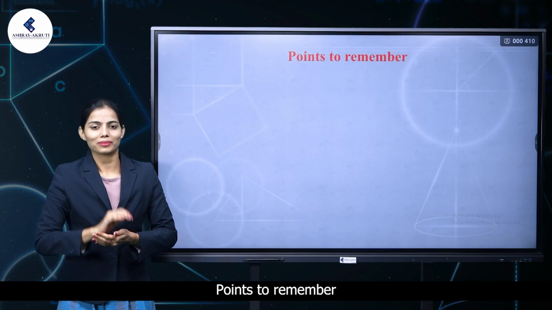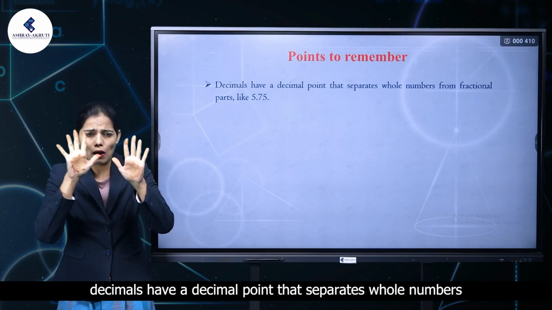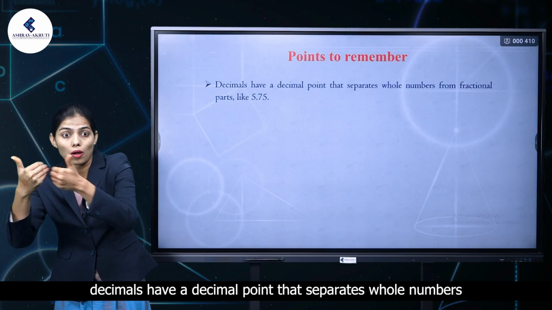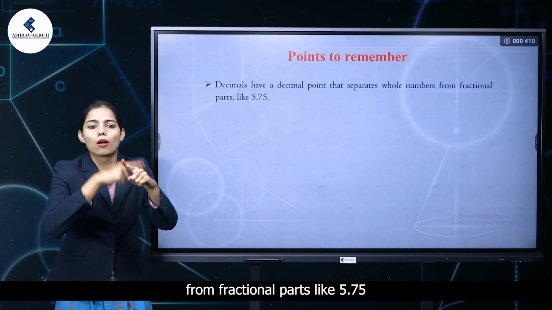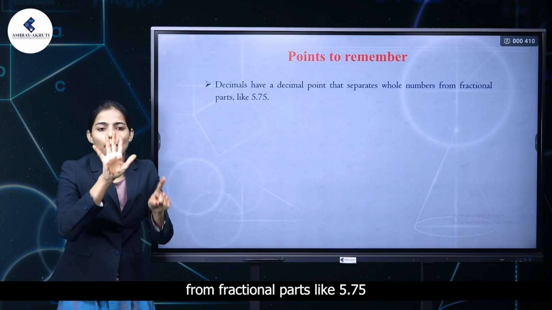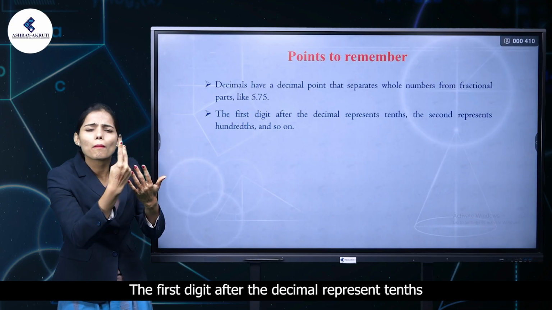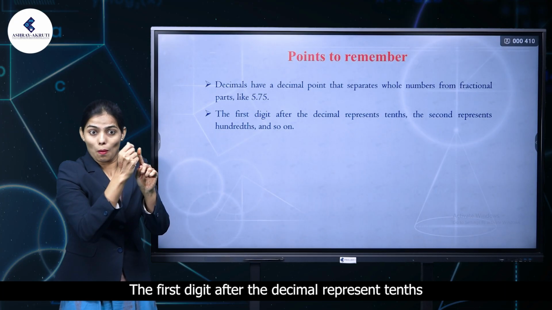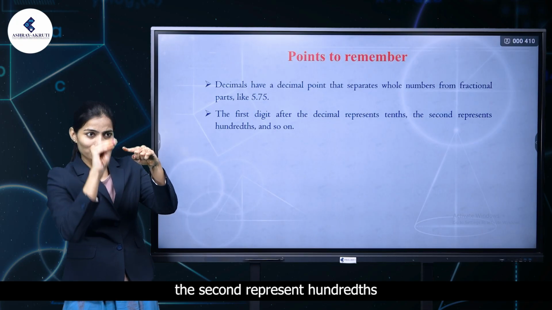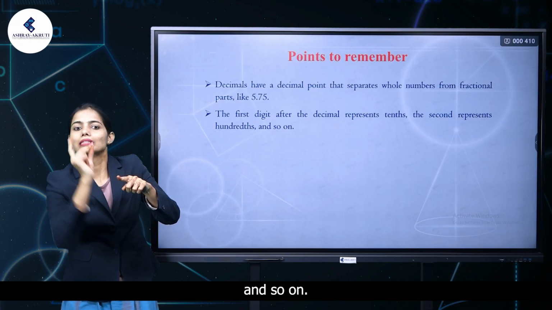Points to remember. Decimals have a decimal point that separates whole numbers from fractional parts, like 5.75. The first digit after the decimal represents tenths, the second represents hundredths, and so on.